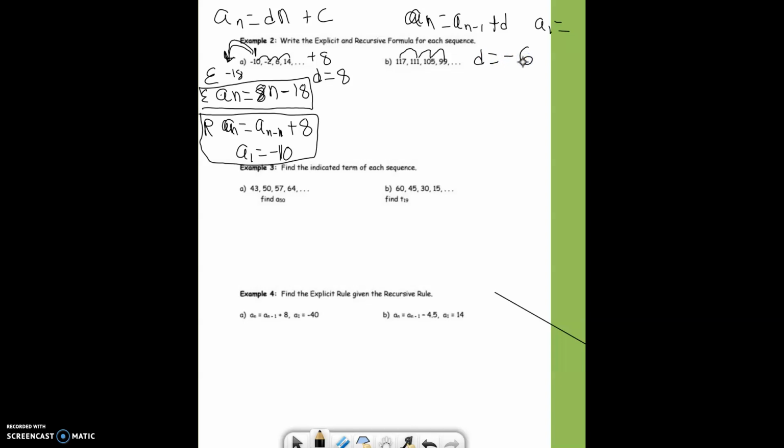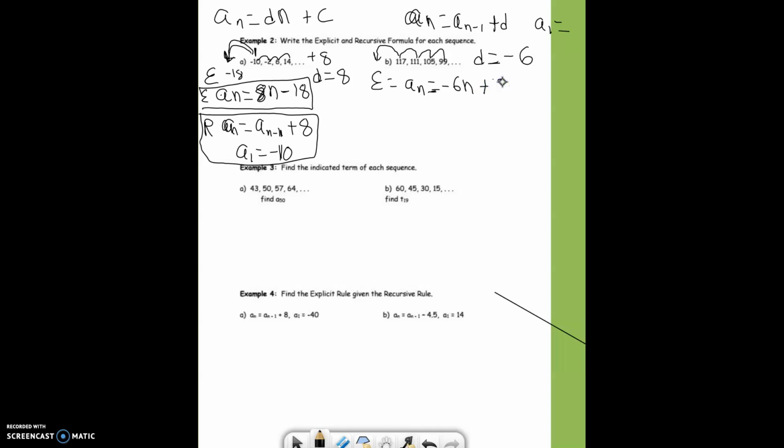So again, to get my explicit one, I have A of n, again, that means any term you want to find, equals the difference, negative 6n. Now you'll notice I'm going down 6, so if I go the other way, for my 0 term, I add 6 to 117, I would get 123.